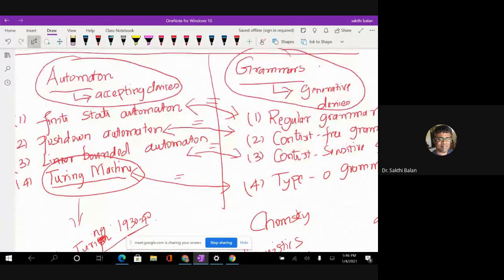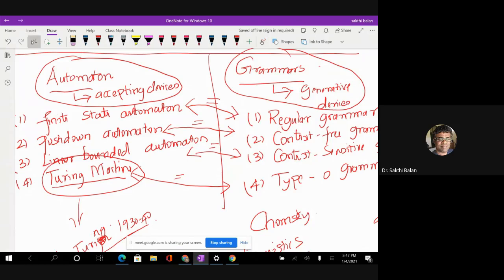So whatever I have said for automaton also holds good for the grammars, because finite state automaton is equivalent to a regular grammar, push down automaton is equivalent to a context free grammar, in a different sense, right? One perspective is an accepting device, the other perspective is a generative device, right?